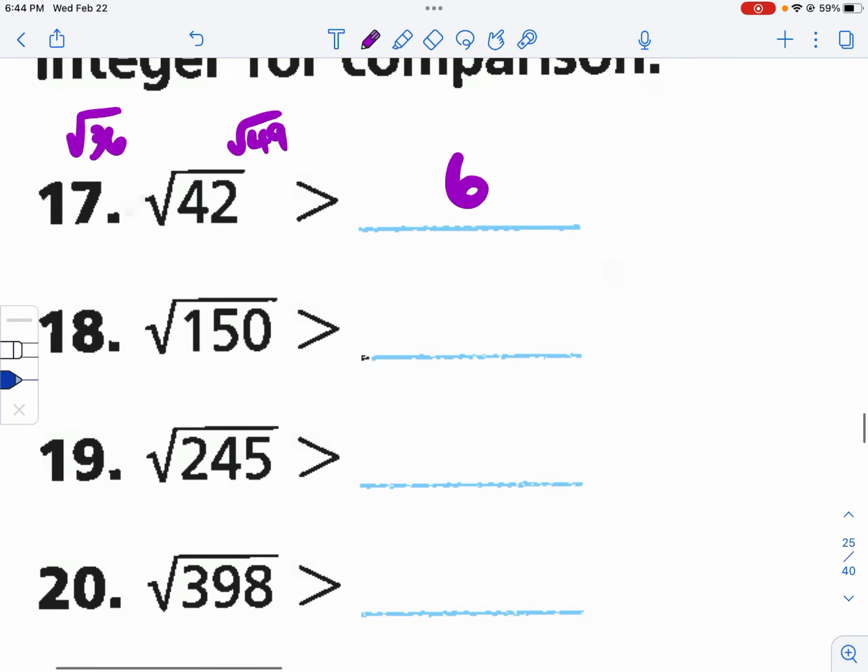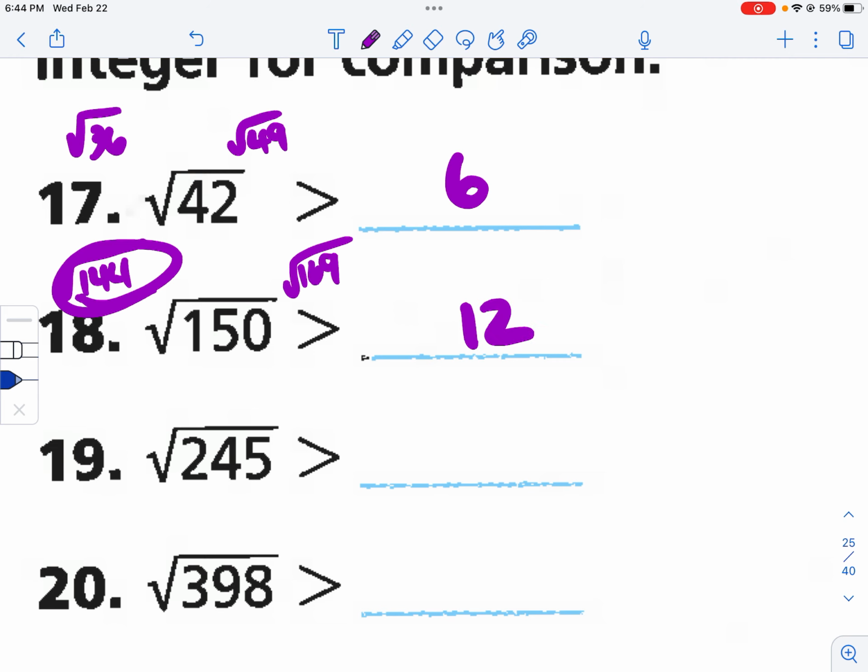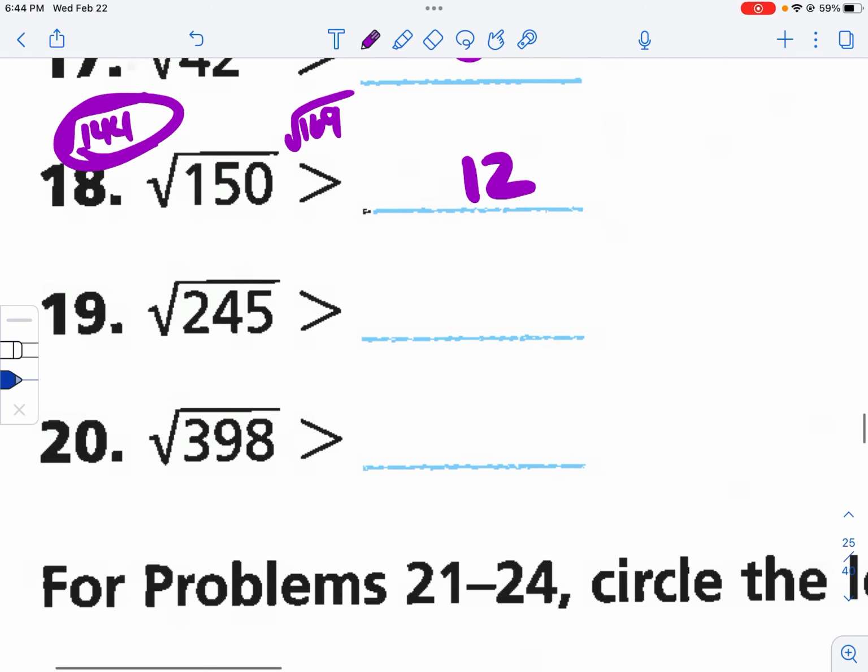That is greater than 6. So this is going to be between the square root of 144 and the square root of 169. Okay, this is greater than 12. The square root of 225 and the square root of 289. So 15.